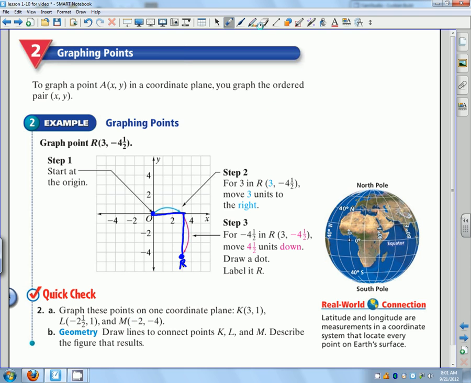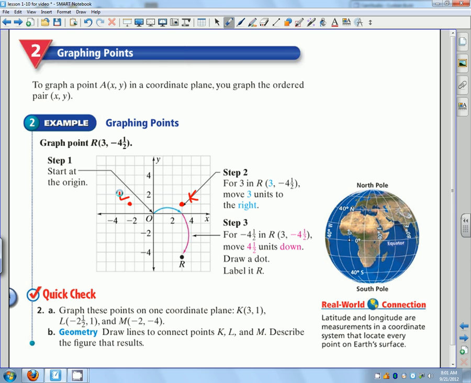Okay, I'm just going to do it right on this graph right up here. Point K is 3, 1. So I'm going to go over 3, up 1, and I'm going to make a dot, and label it K. Point L is -2.5, up 1.